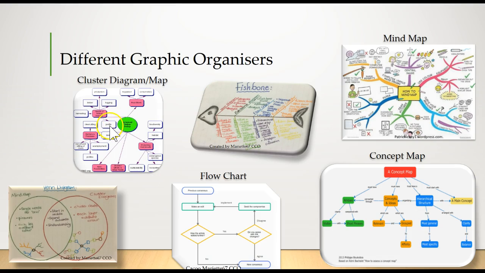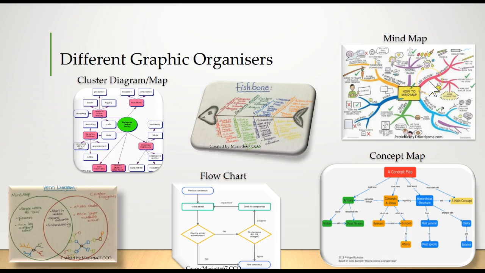Information could be single words, it could be little sentences, it could be more than one idea in a bubble. Mind map, it also starts in the middle, but it does not have any clouds. It has branches going out from the middle.